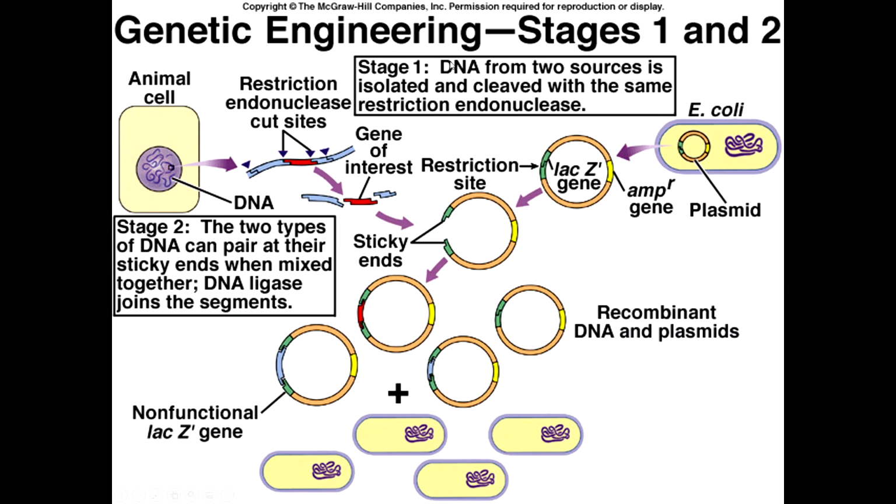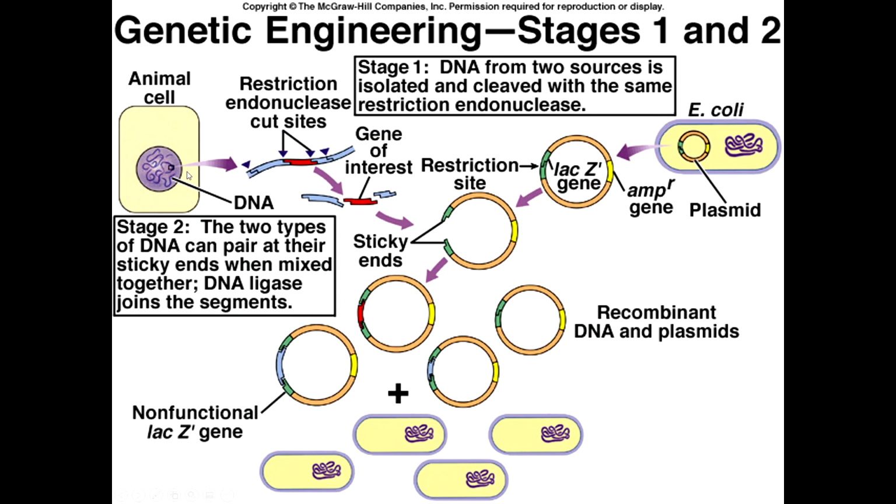So we begin with DNA from two sources, and I'm going to stick with the same example I was using. Let's say the DNA from the animal cell is going to be the insulin gene, and we're going to use E. coli as our bacterial factory, which, again, is Escherichia coli, a common inhabitant of our digestive system. So it's a very common bacterium.